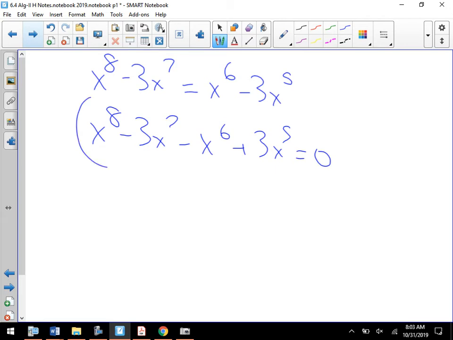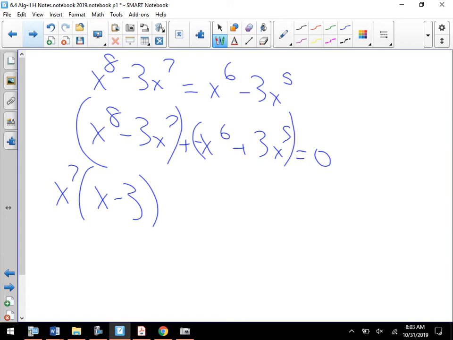So if I group these two here, what's the GCF of x to the 8th minus 3x to the 7th? X to the 7th. So I factor out the x to the 7th. I'm left with x minus 3. Okay? The next term, I have minus in the third part, so I put a minus plus. Now what do they have in common?